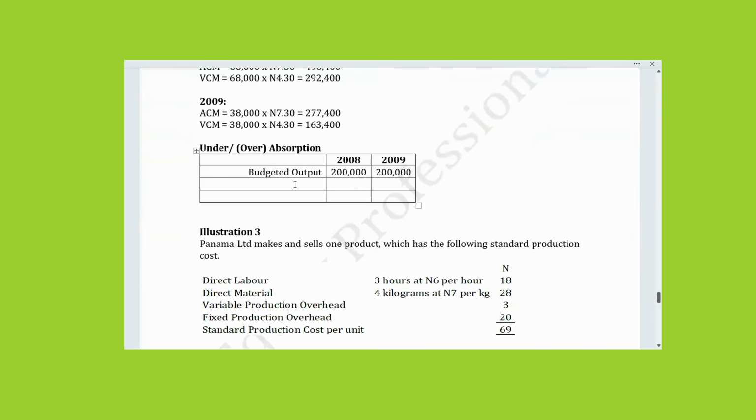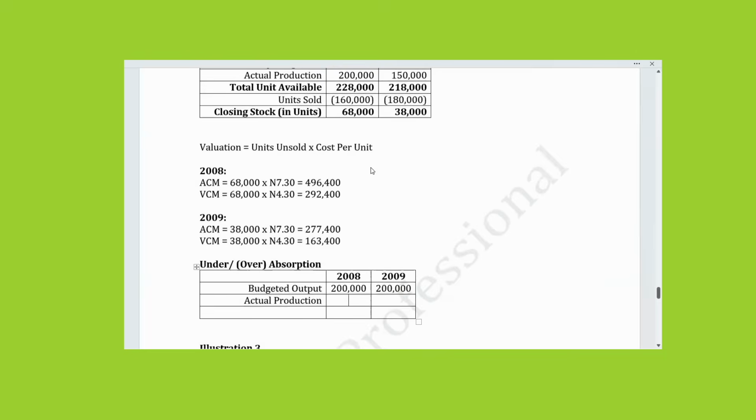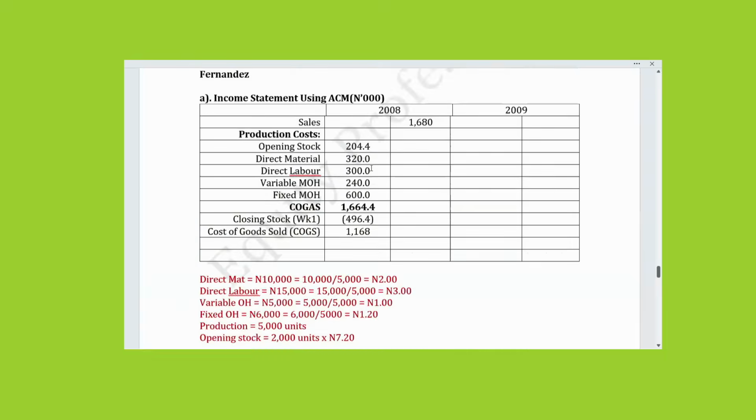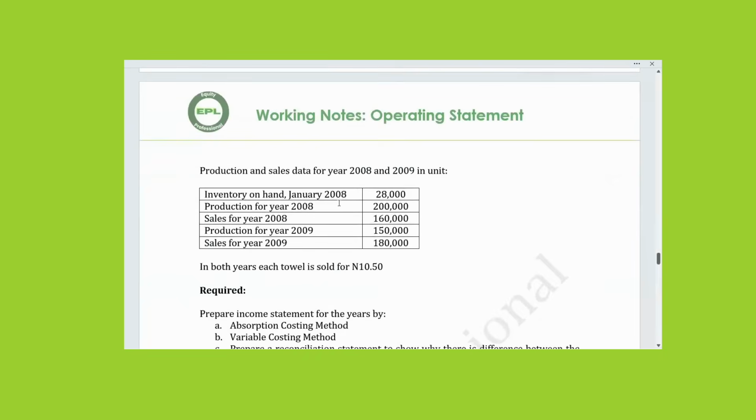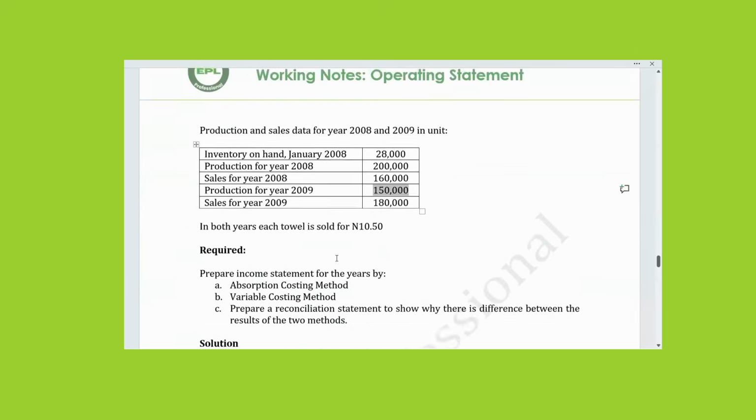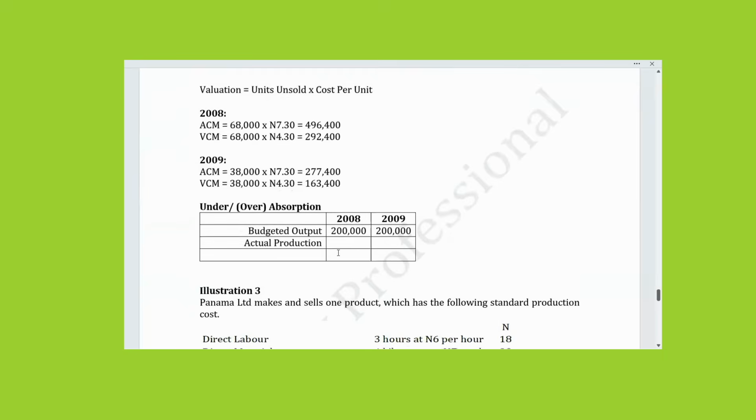We then compare this with actual production. In 2008, how many units were produced? In 2008, the company produced 200,000 units. In 2009, 150,000 units were produced.